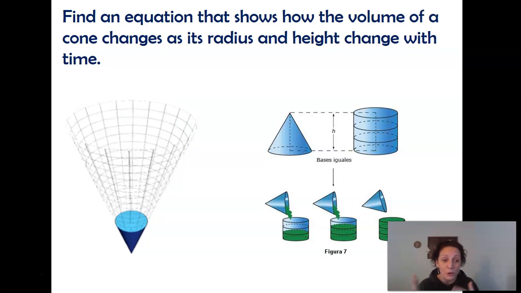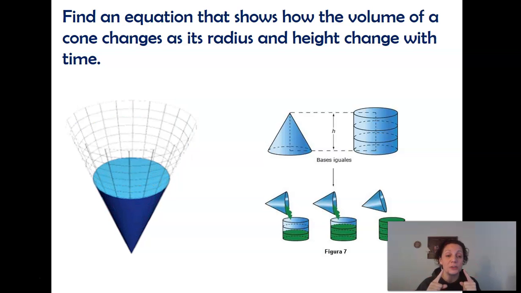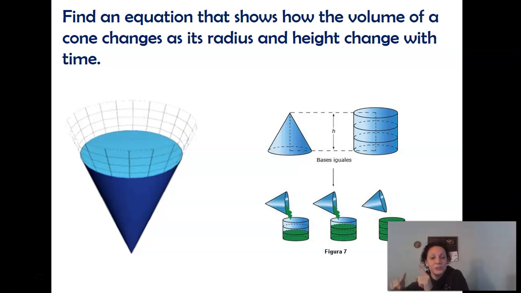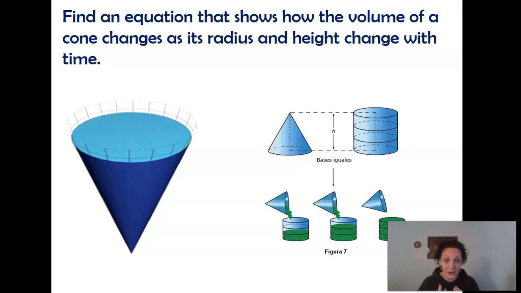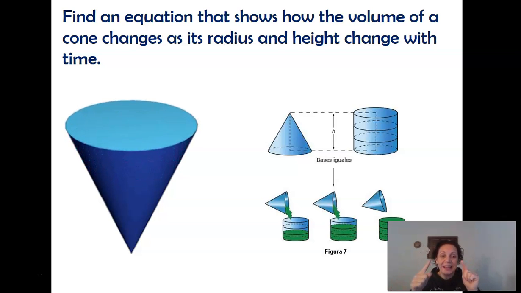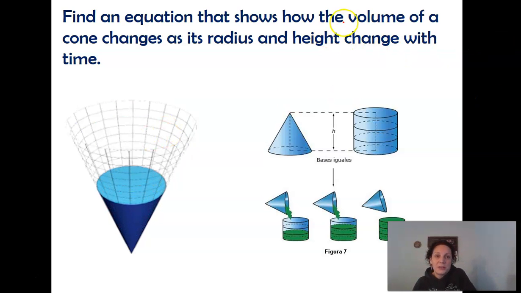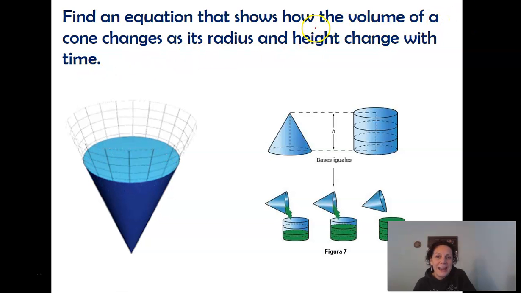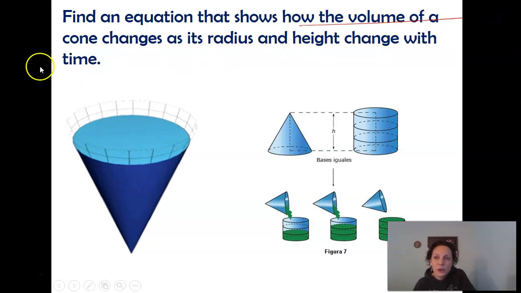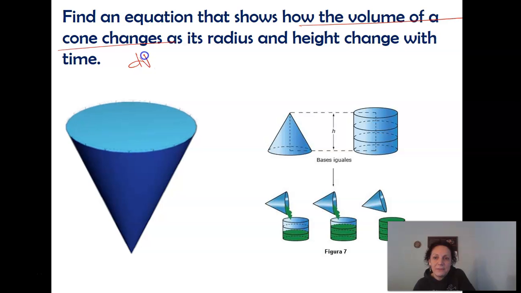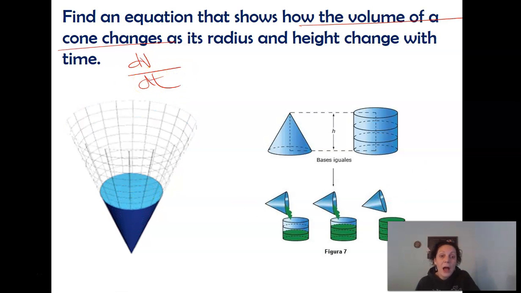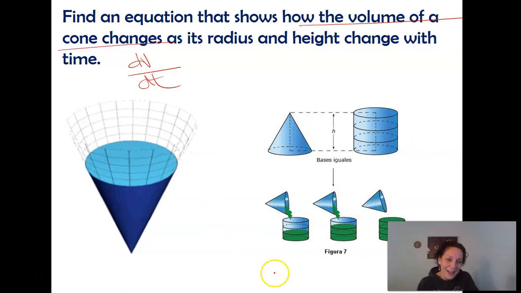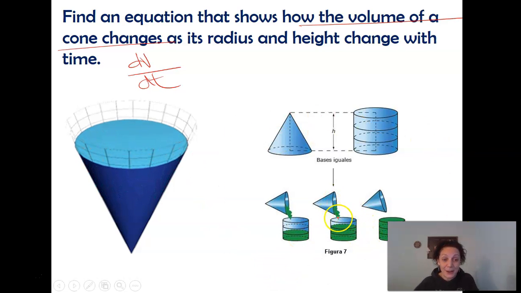I don't want a volume equation. I want an equation for the rate at which the volume is changing. In other words, I want an equation for dV/dt. How quickly is volume changing? So notice this says the volume of a cone changes. So I want to know how the volume of a cone changes. That's dV/dt.